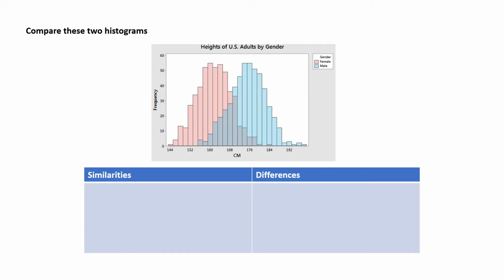What I want you to see is that the pink graph has a bell shape, and the blue graph also has a bell shape. It's not a perfect bell curve like the last example was, but it's pretty close. So they're both normal distributions.